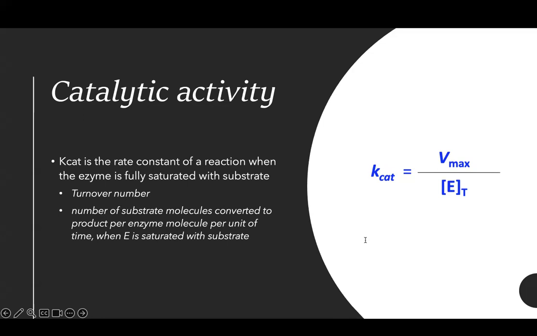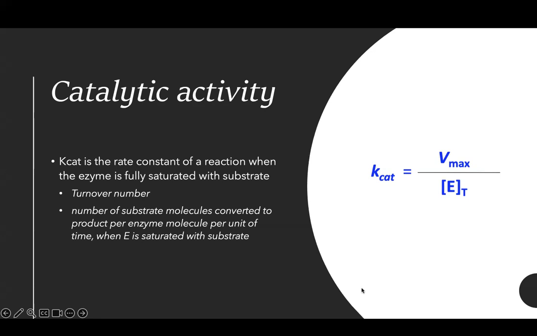Essentially, this gives us the turnover number, or the number of substrate molecules that can be converted to product per enzyme molecule per unit of time. Again, I know this is a lot to take in, but Kcat essentially tells us how many substrate molecules can be converted to product per total enzyme that we have present.